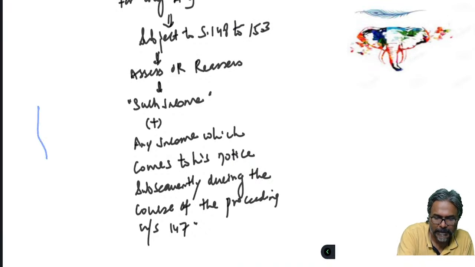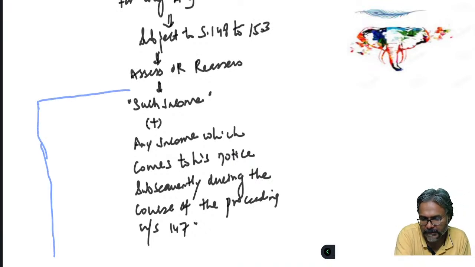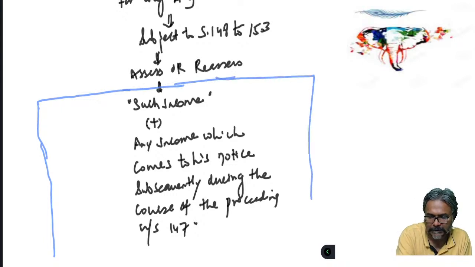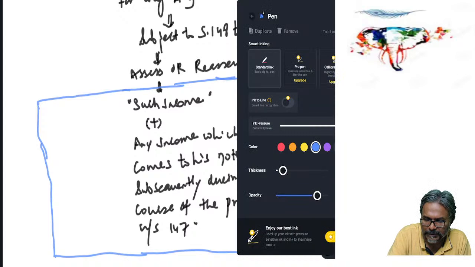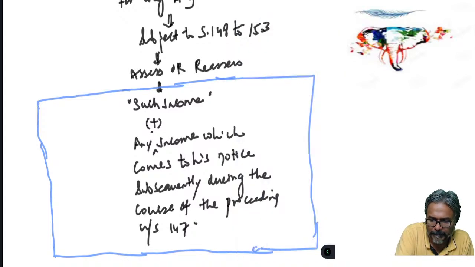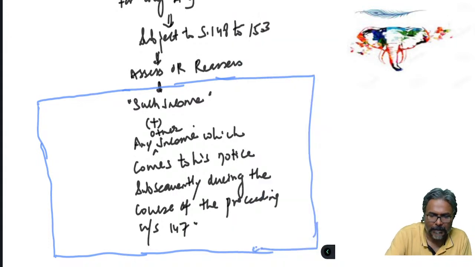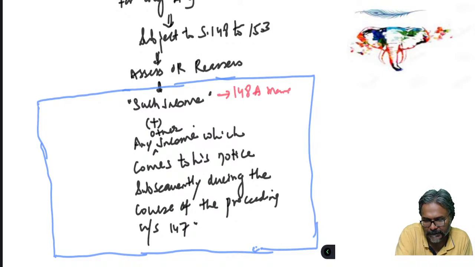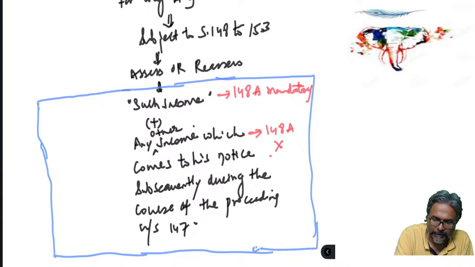So this is primarily the entire factual aspect of this one. So what he can do, he can assess or reassess such income or any other income. Students, please write this term, any other income, instead of any income. Now for this particular part, students, 148A is mandatory, whereas for this particular part 148 is not required. Now what is 148A, students? We will discuss.